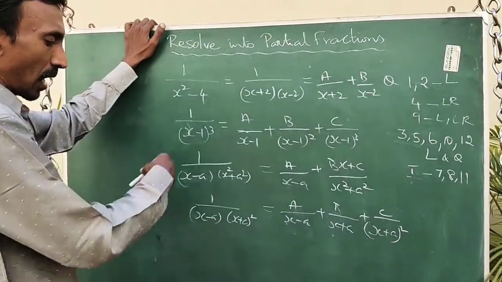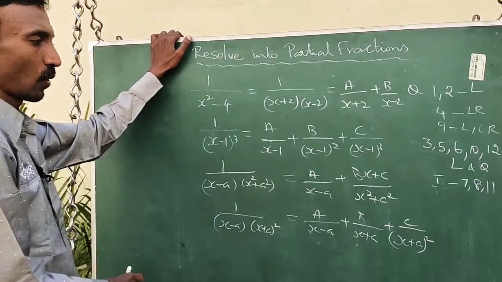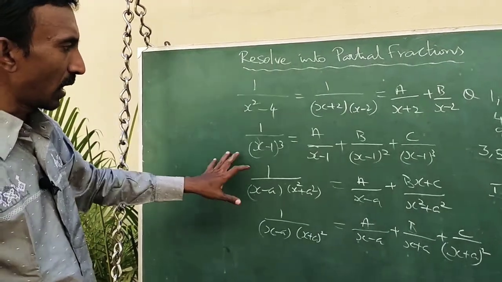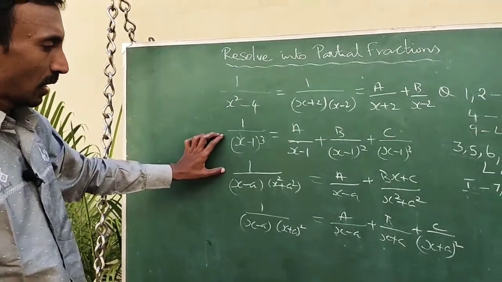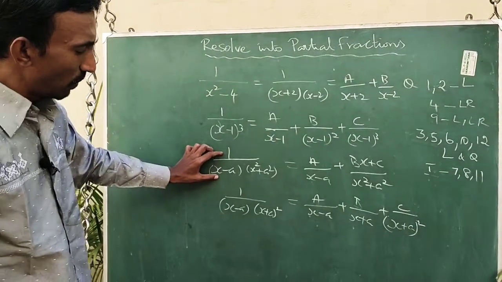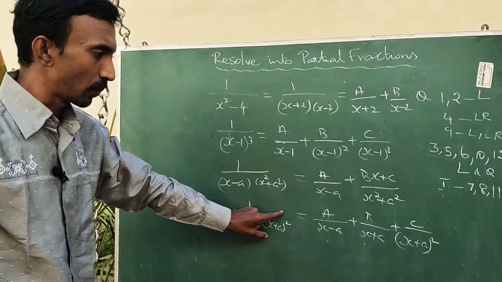So it is linear and also linear with repeated roots, a combination of the two. The last one is a mix of linear repeated and linear with quadratic factors, again linear and linear with repeated roots.